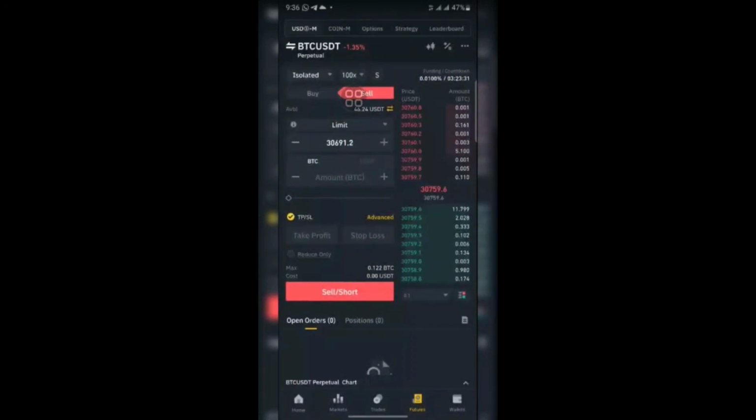On spot trading, if I have $30, I cannot buy one Bitcoin. I can just buy bits or units of Bitcoin, like 0.000 something of Bitcoin. But if I have $30 in leverage trading and I use 100x, I can buy one BTC.